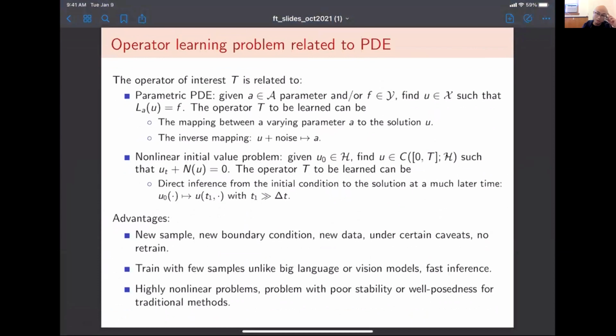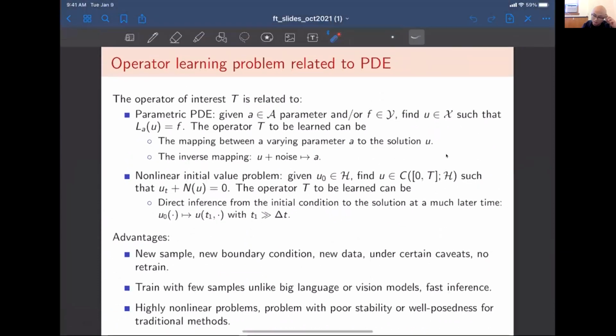We have a parameter, and we want to learn a map that maps this coefficient directly to the solution U. The other one is, if we have the solution and certain measurement noises, we want to get back to A. So this is our first problem.